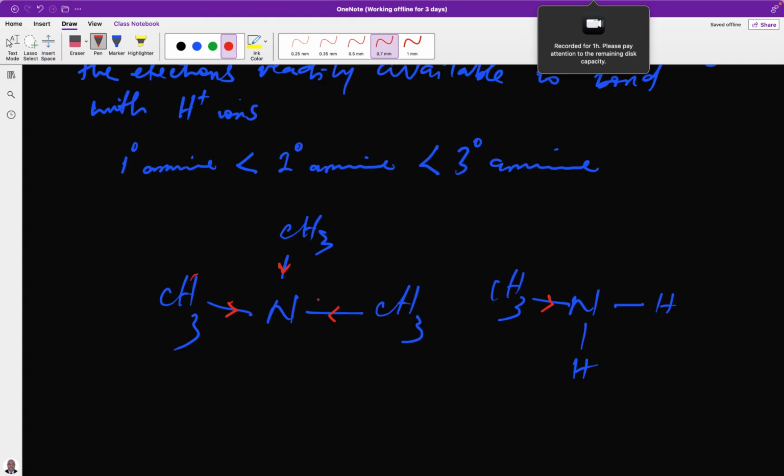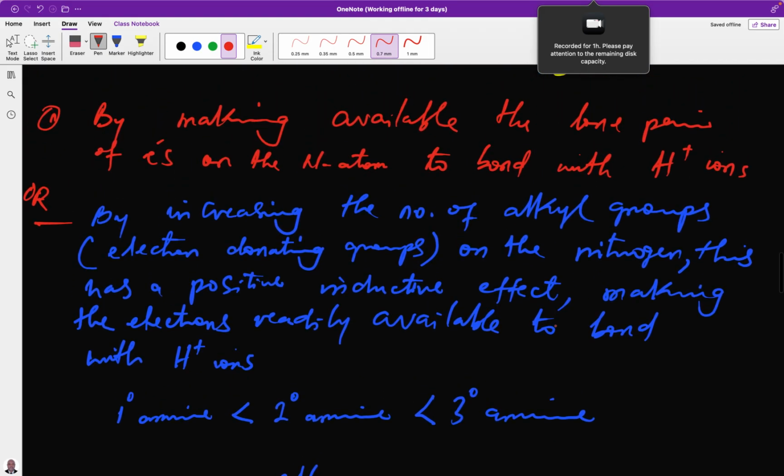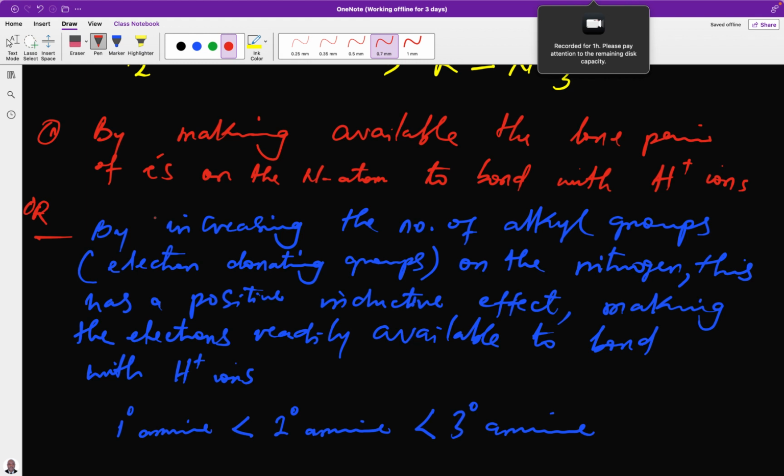So tertiary amines are more basic than primary amines because more electrons are being donated to the nitrogen, making the electrons more available for bonding with hydrogen ion than in a primary amine. We conclude that the basicity of an amine can be increased by increasing the number of alkyl groups or electron donating groups on the nitrogen. This has a positive inductive effect, making electrons readily available to bond with hydrogen.